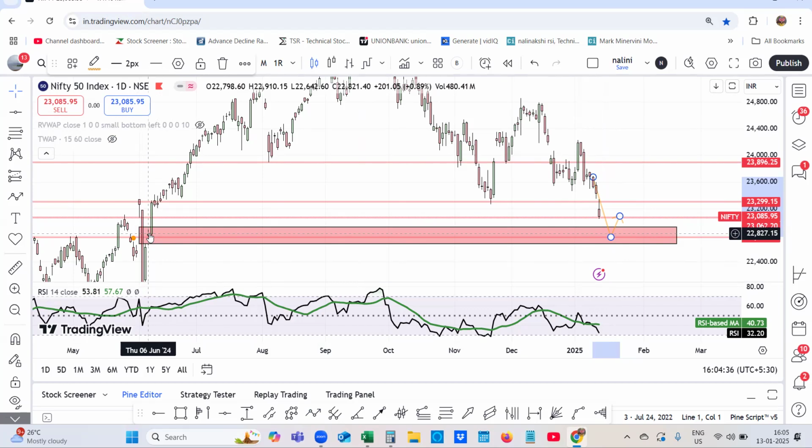So probably market can react from this level and it can seek some sort of support from this only if it starts closing, dips into the order block and reverses and closes outside the order block, you can anticipate a reversal in the Nifty index.